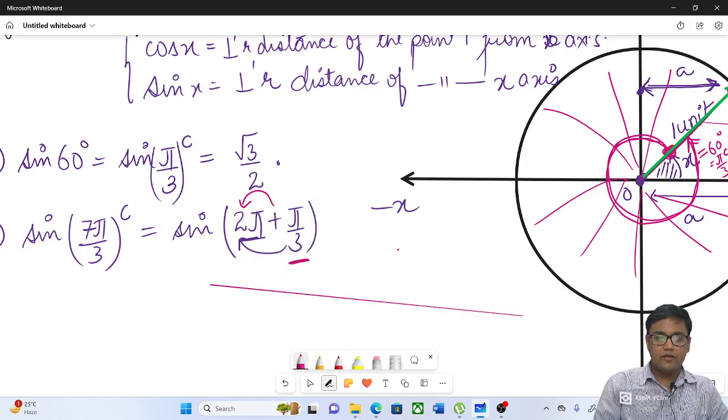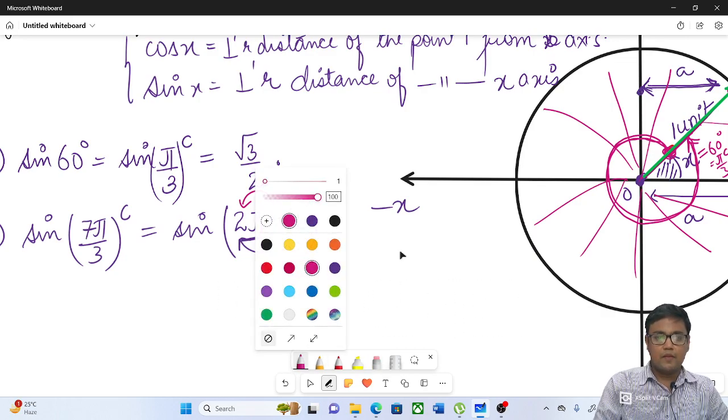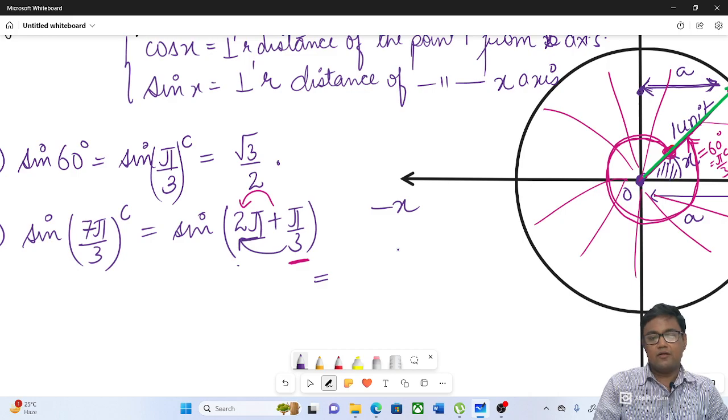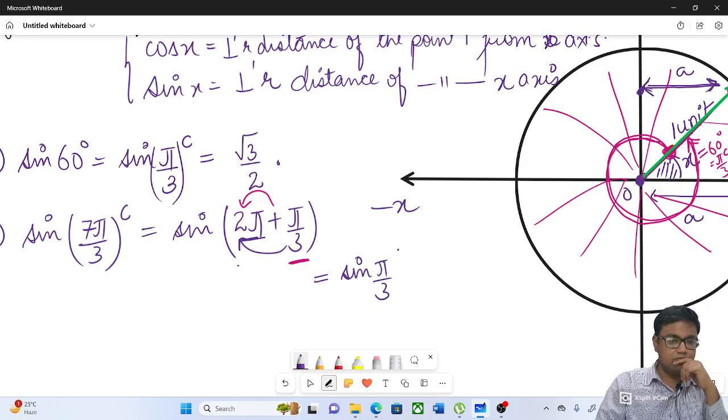After having done one complete rotation starting from pi by 3, that is 60 degrees or pi by 3 radians, whatever you may take the angle as, you came back to pi by 3 radians, right. So, sin 7 pi by 3 is same as writing sin pi by 3. There is no difference, right.